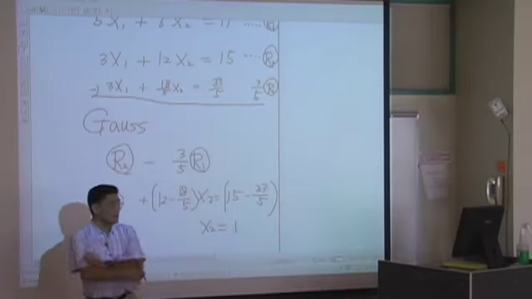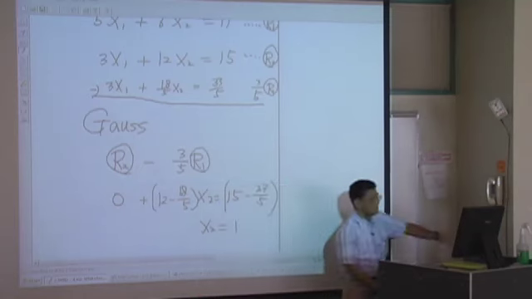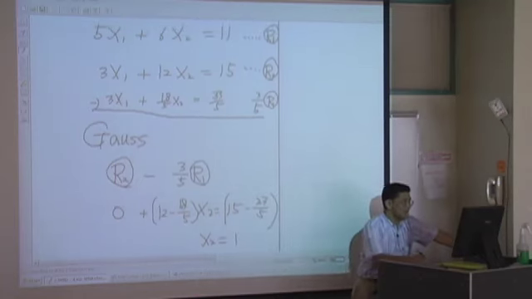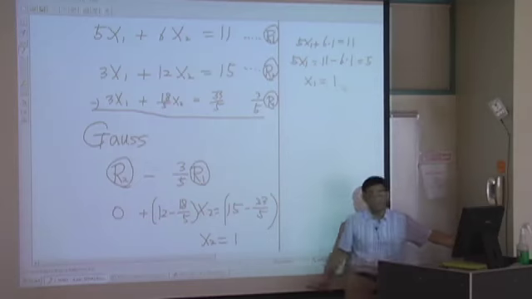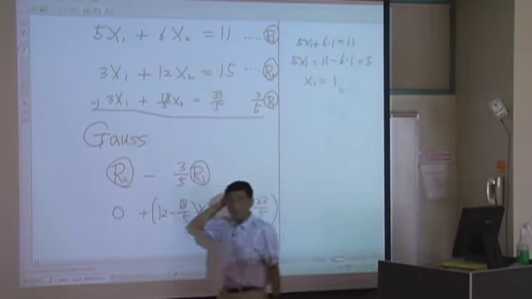Because x2 is equal to 1, I can plug this back into the equation. So x2 equals 1 goes into this place. Then what happens? I will use this place: 5x1 plus 6 times 1 equals 11, or if we rewrite, 5x1 equals 11 minus 6 times 1. Then it is 11 minus 6, or 5. So if I divide both sides by 5, x1 is 1. So we get the solution.